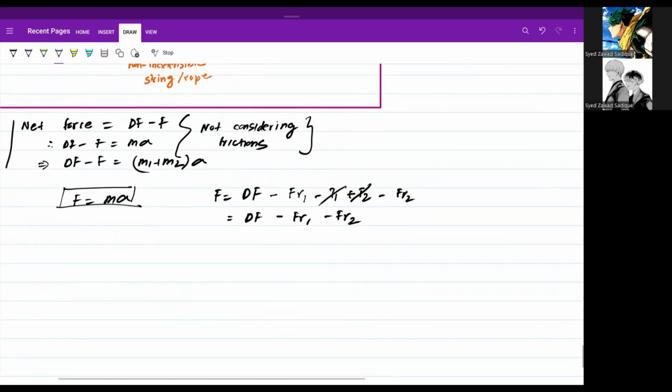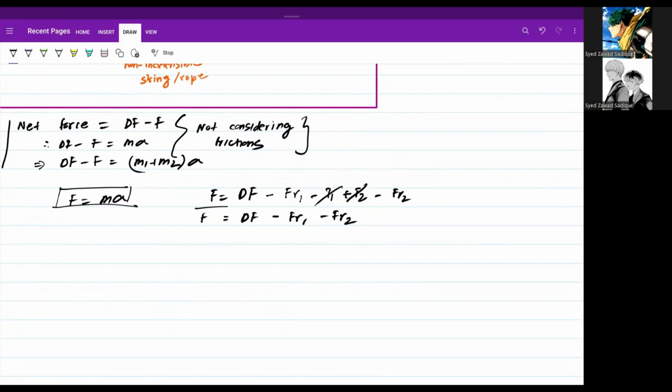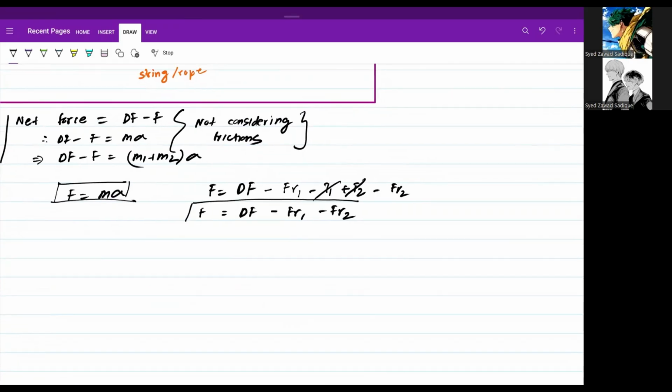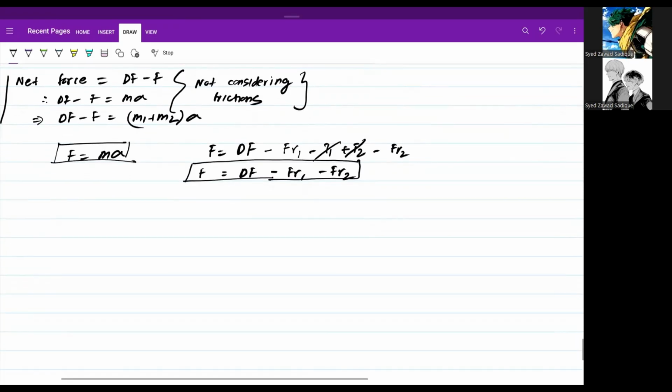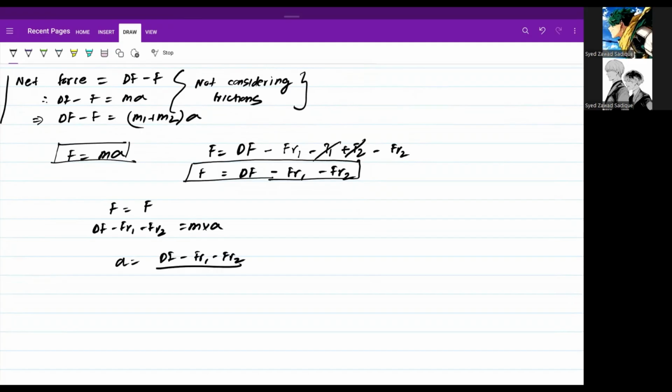Now, since we also know F is equal to the driving force minus FR1 minus FR2, using substitution we can say dF minus FR1 minus FR2 is equal to mass times acceleration. The acceleration of the combined particles is dF minus FR1 minus FR2 divided by mass.